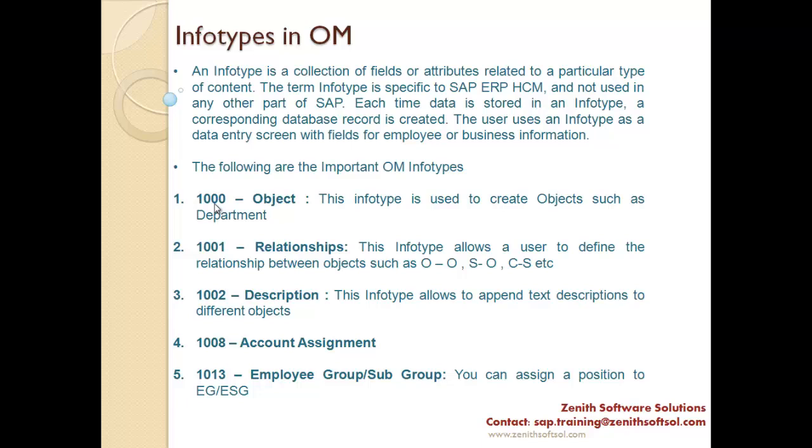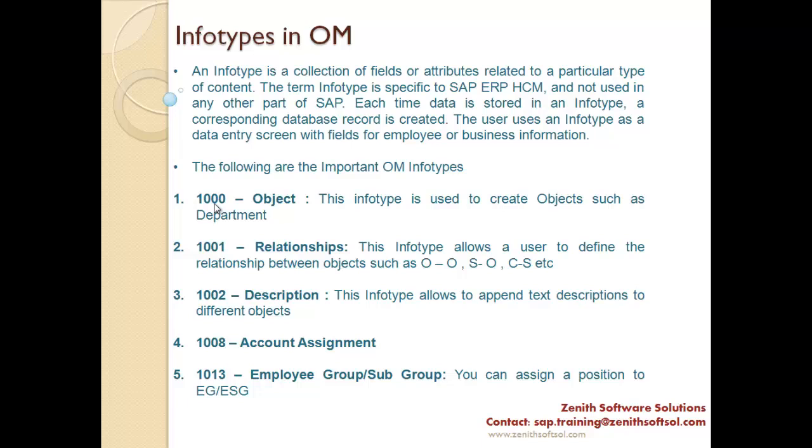Similarly, we have another info type called 1008, which is account assignment. The purpose of this is to store account relevant data such as personnel area, company code, sub area and other particular fields. The next info type is 1013, which is employee group subgroup. In this info type you can assign a position to employee group and employee subgroup.